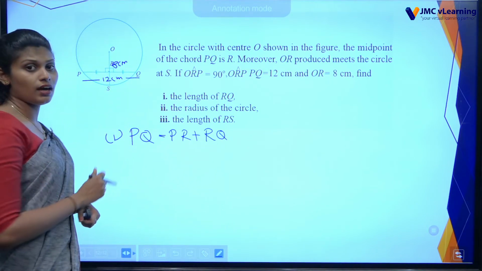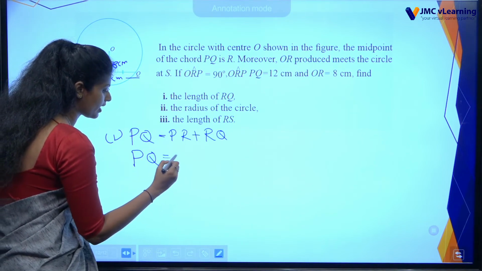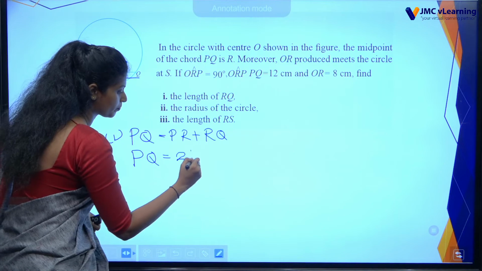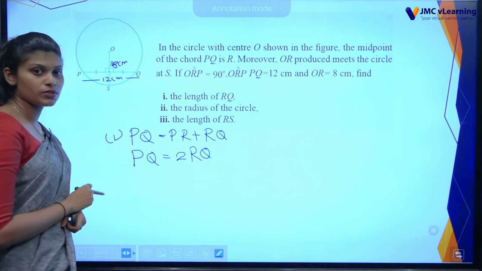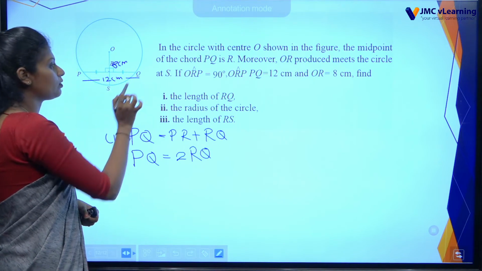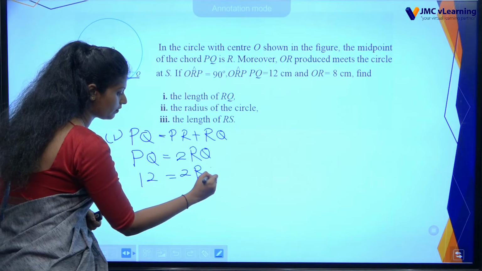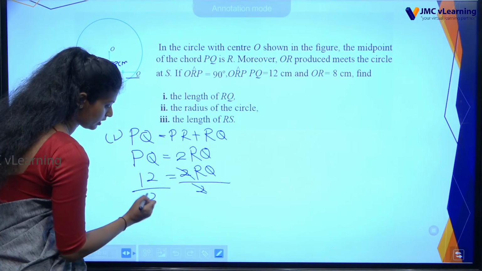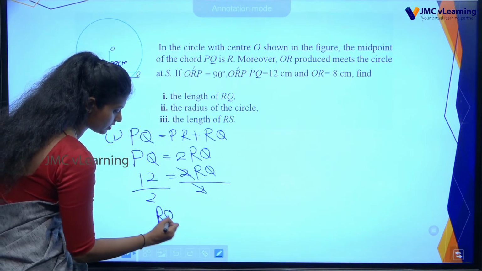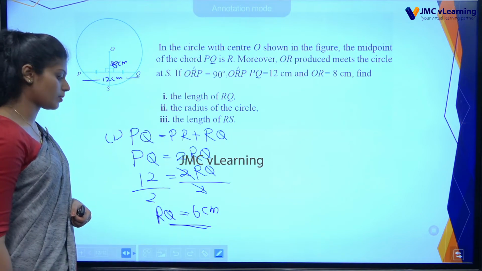These both lengths are equal to each other. Then PQ we can write as 2RQ. PQ length we know, it is 12. Here 2RQ, both sides have to divide by 2. Then RQ length is equal to 6 centimeter. This is the first part.